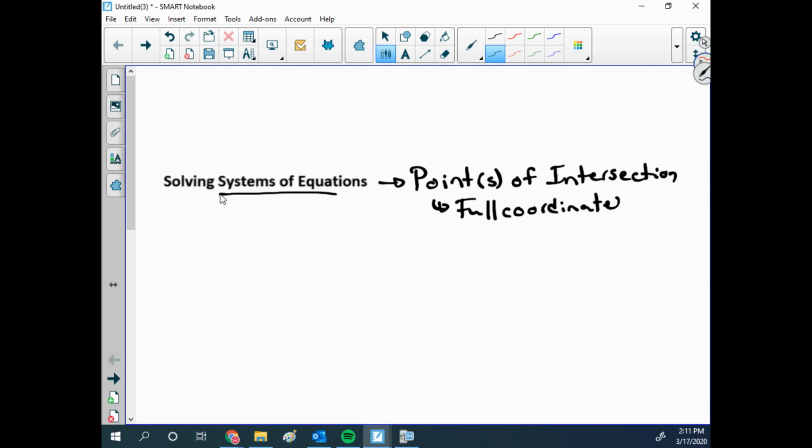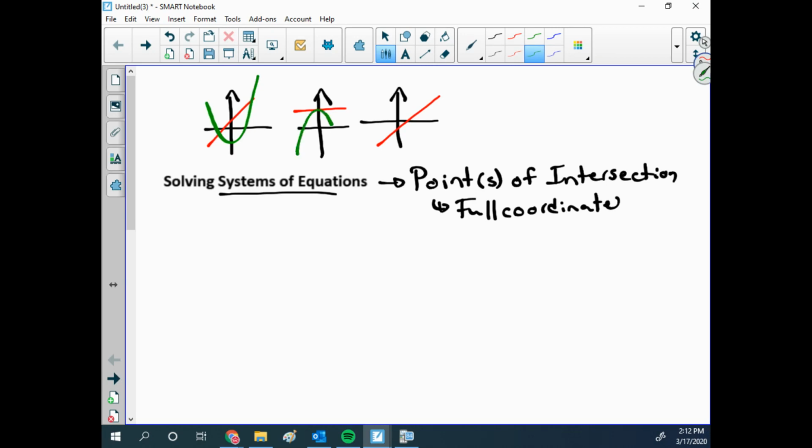Linear-quadratic functions could intersect in three different ways. They could intersect twice, once, or not at all.